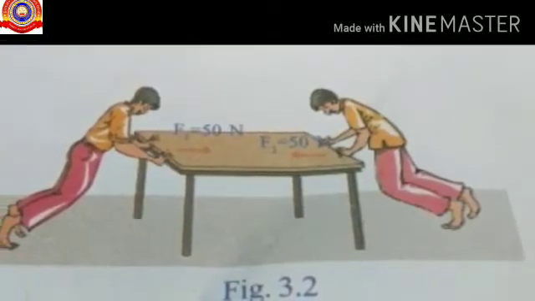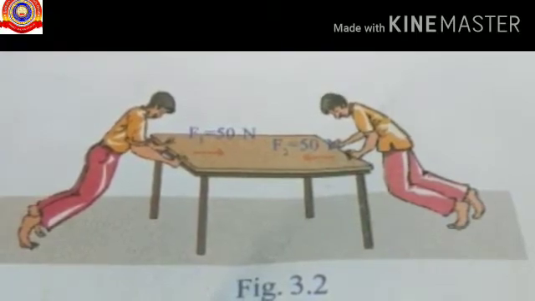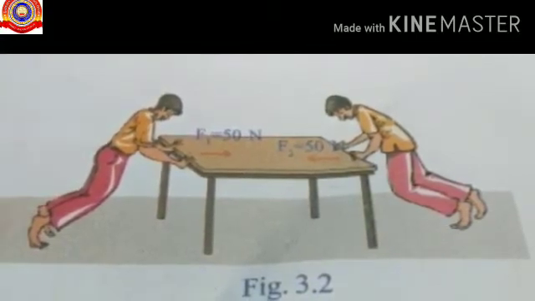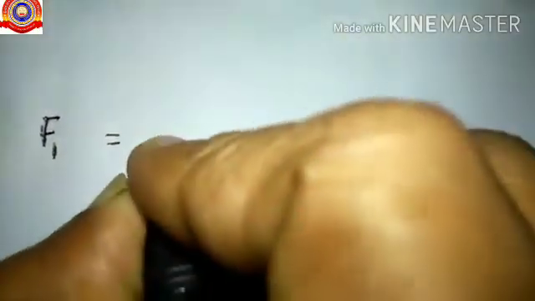Here also two boys are pushing the table, but from opposite sides with equal forces, that is F1 equals 50 Newton and F2 equals 50 Newton. Let's see how we can find the resultant force here. F1 equals 50 Newton.